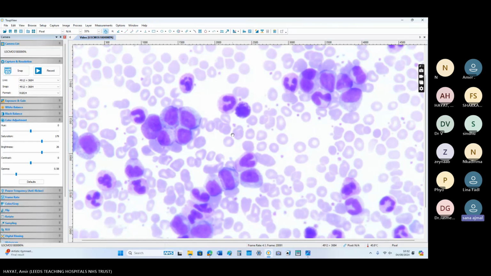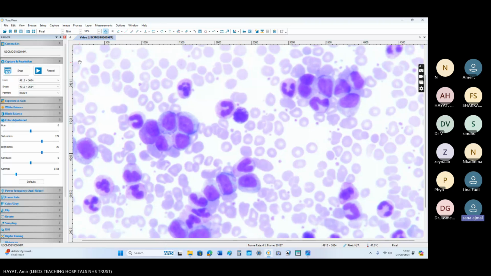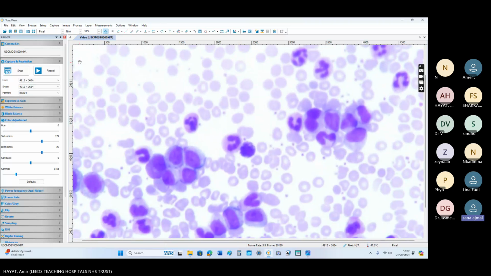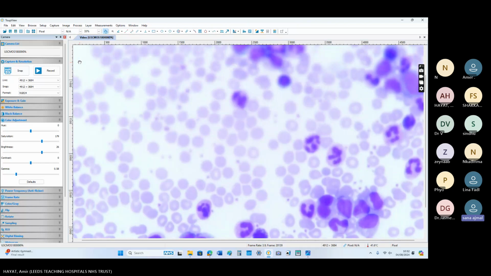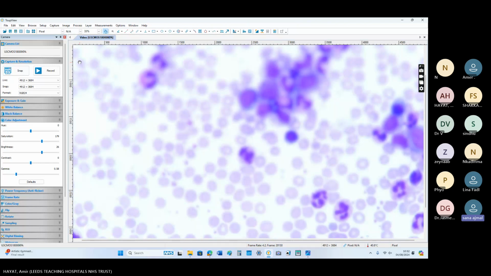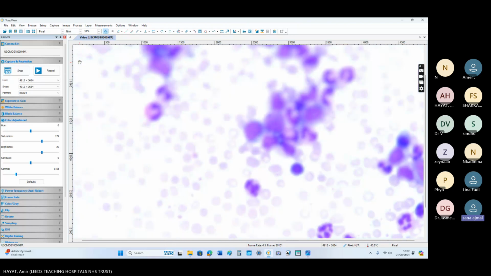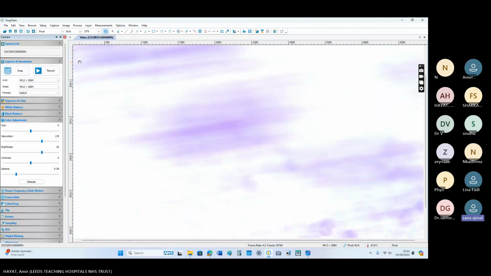There are different stages of myeloid maturation, like promyelocytes, myelocytes and neutrophils. There are a lot more neutrophils than others. So in this age, in this lady, with the basophilia, it's a peripheral film, I think.